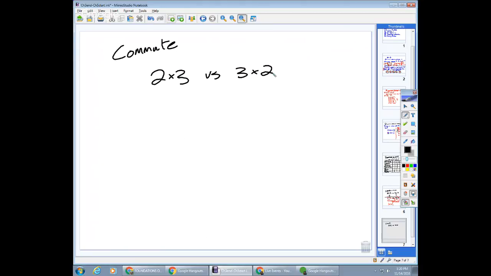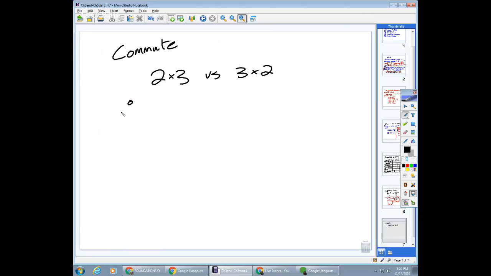Come on, think, multiplication model. Multiplication models, we have a few, there's at least 3. Groups of, yeah, that's 2 groups of 3.